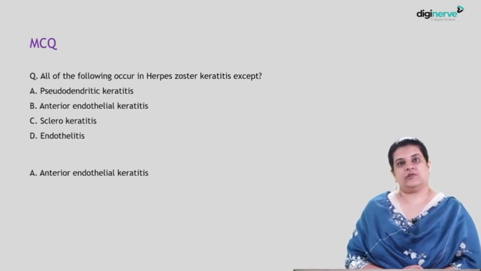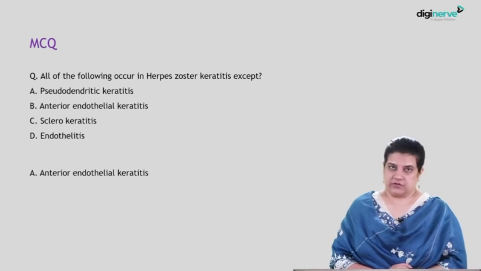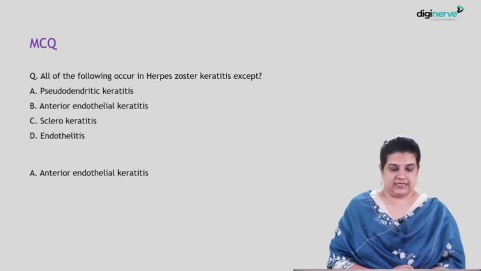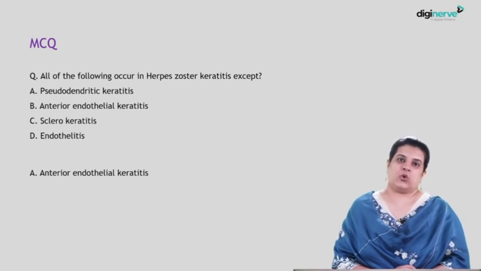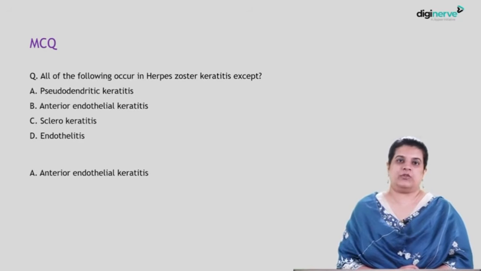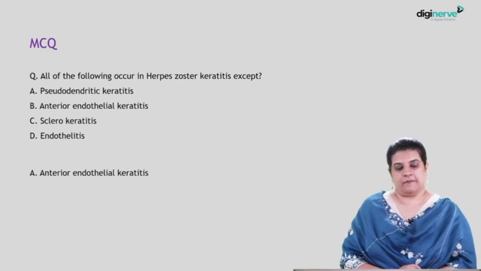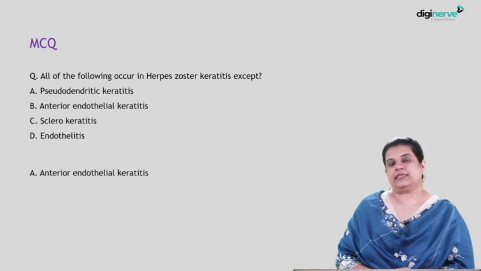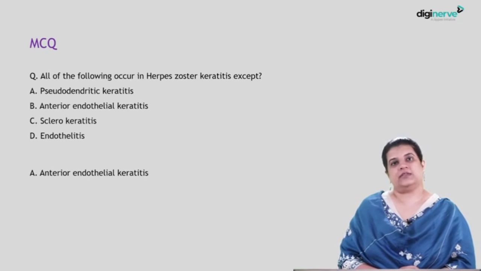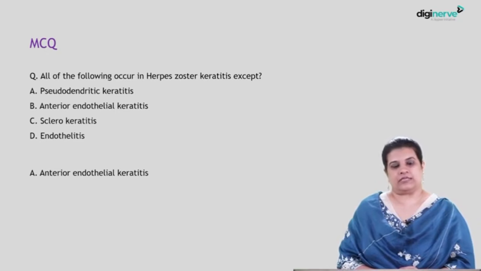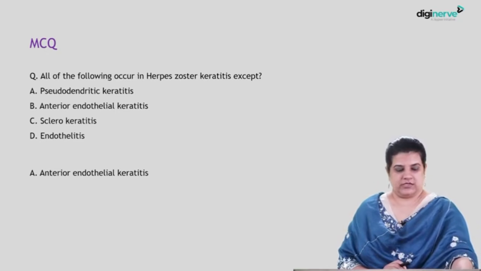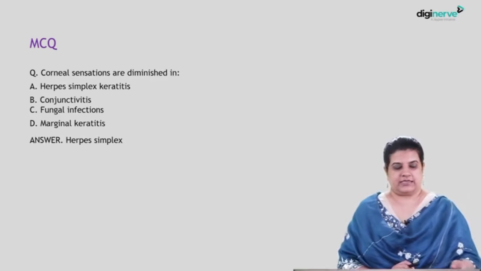We have pseudodendrites in herpes zoster, which is a very characteristic trait of this entity. Episcleritis or scleral involvement along with the corneal involvement is known. Endothelitis is also known, but anterior endothelial keratitis is a characteristic trait only of herpes simplex virus. So the answer is anterior endothelial keratitis.